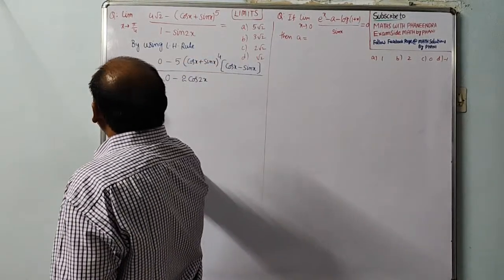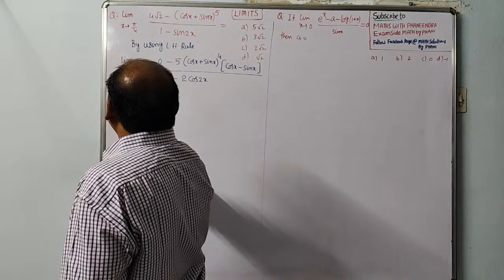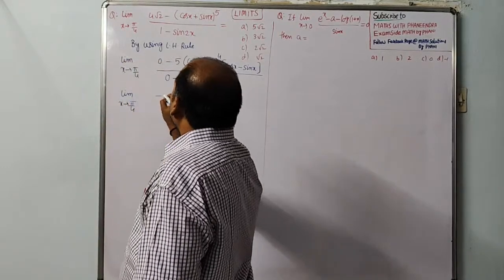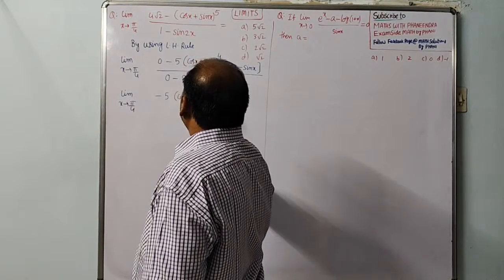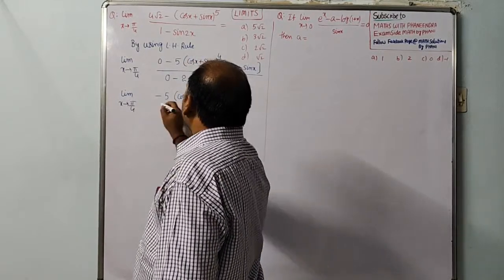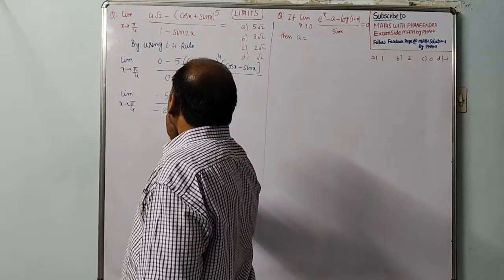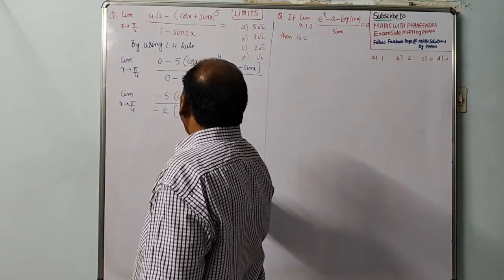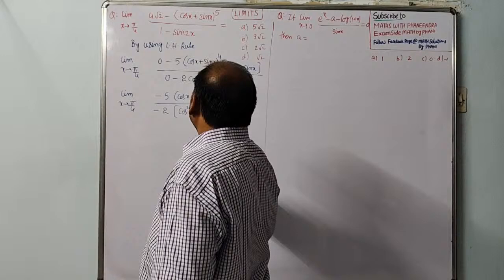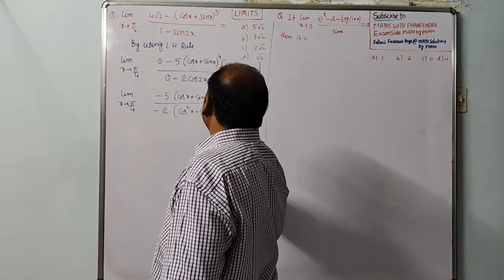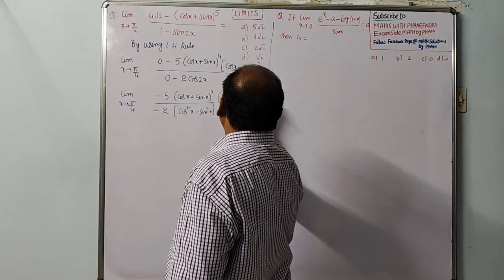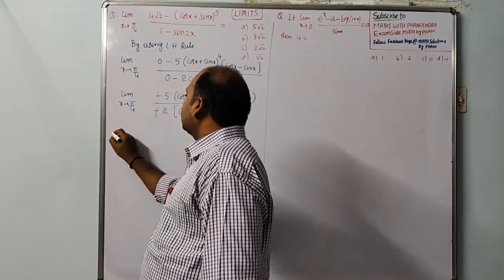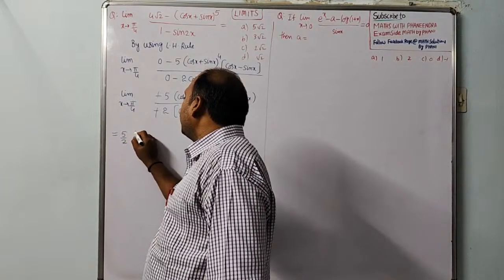Now limit x tends to pi by 4, minus 5 into cos x plus sin x whole power 4 divided by minus 2 into cos 2x, which means cos square x minus sin square x. We can write it, dear students, as cos x minus sin x. So here minus minus get cancelled, 5 by 2 bring outside.